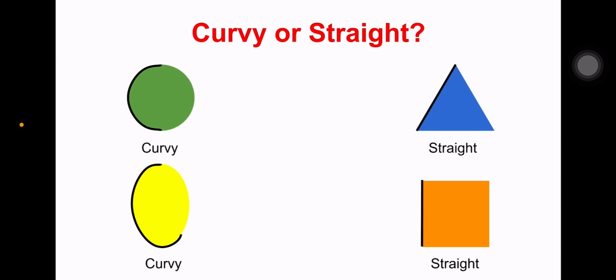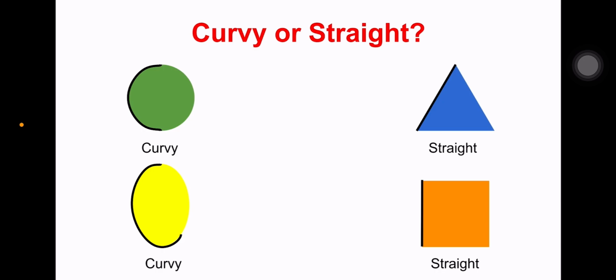Look around the room. Can you find something near you with a straight line? What about something with a curved line? Can you think of something in your head that has a curved line? What about a rainbow?